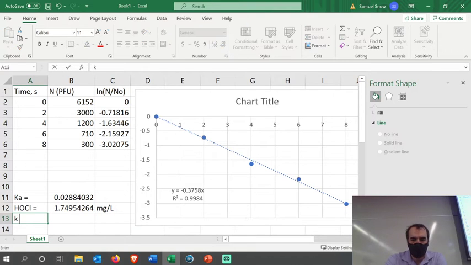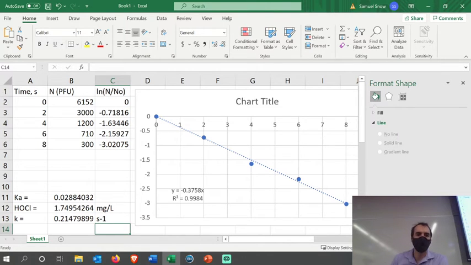So K then equals 0.3758 divided by this number, and this will be per second. So 0.215.